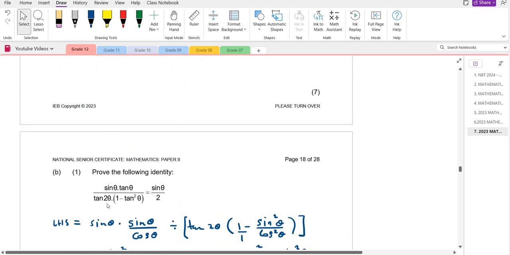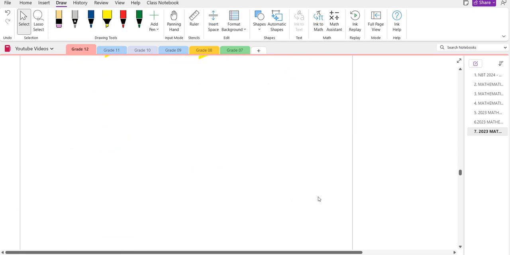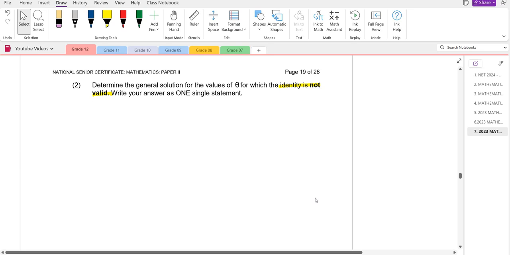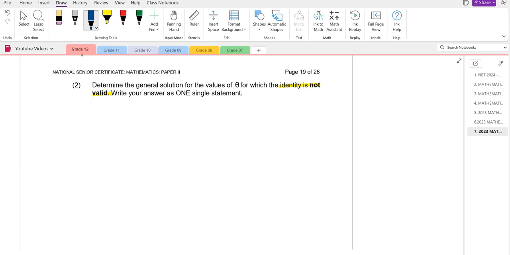So tan 2 theta is equal to 0, or 1 minus tan squared theta is equal to 0.